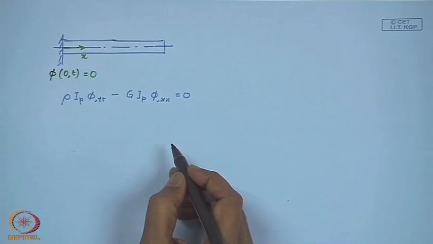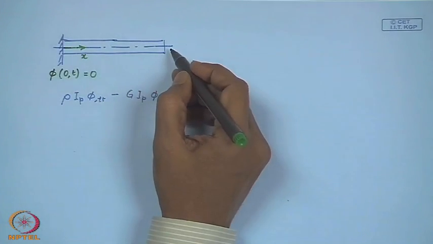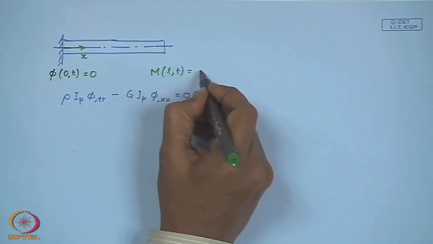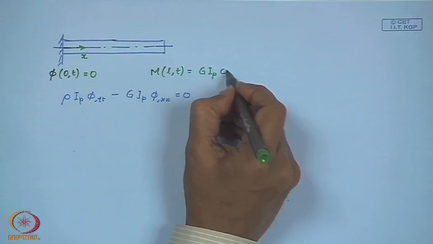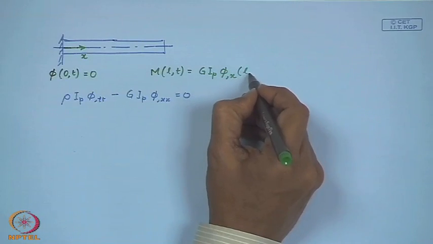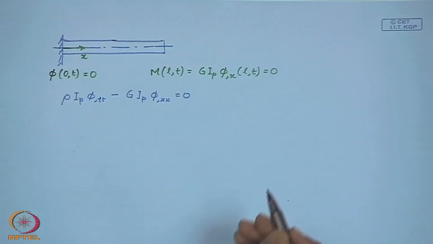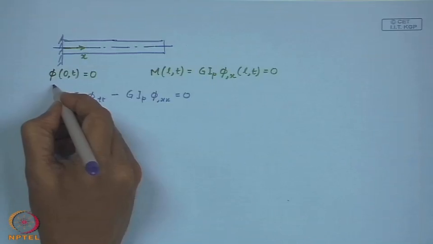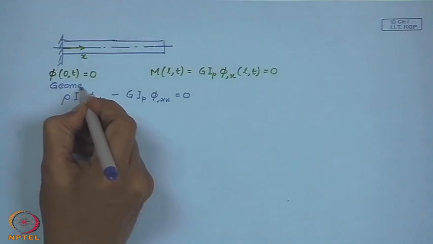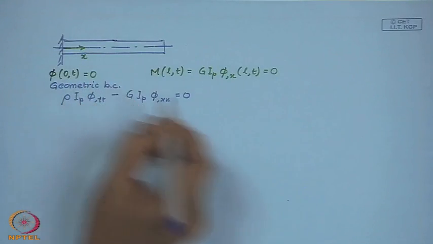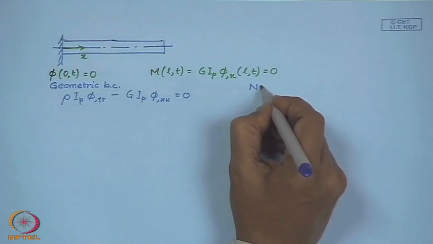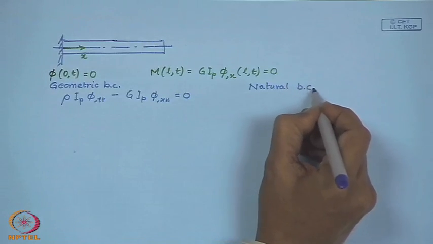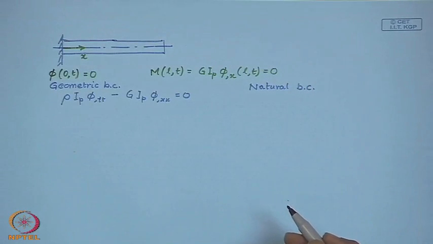On this end of the bar, the torque is 0, which is therefore given by, so on the right end of the bar we have a natural boundary condition.